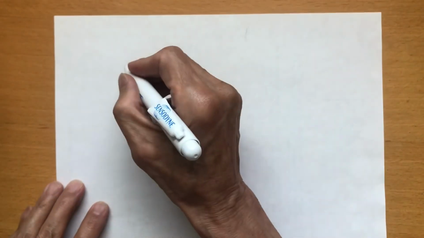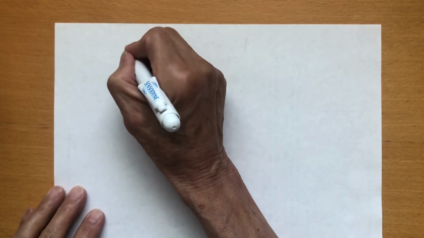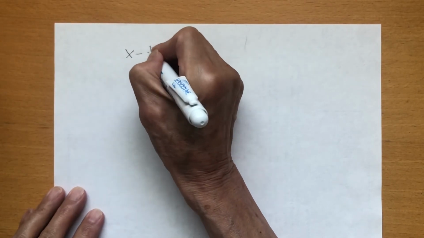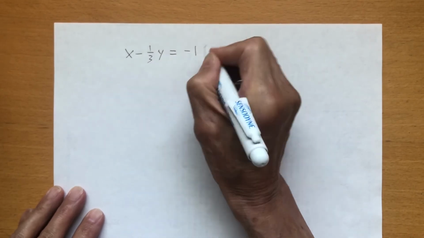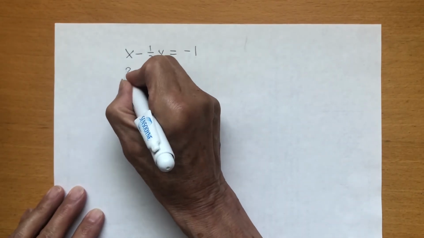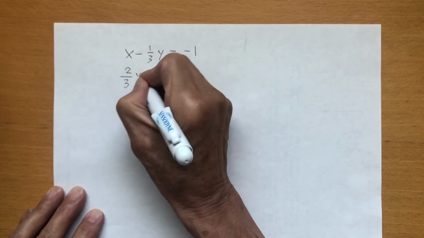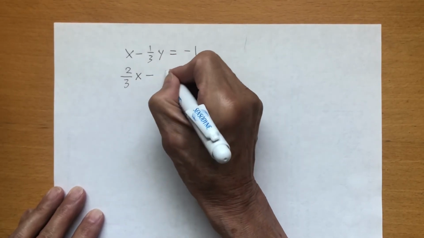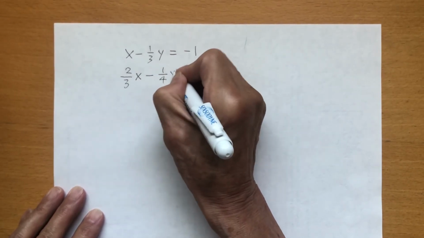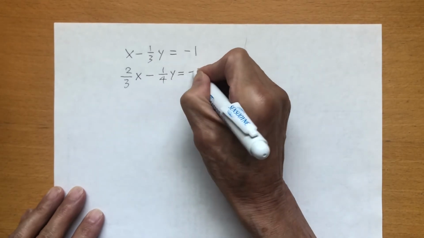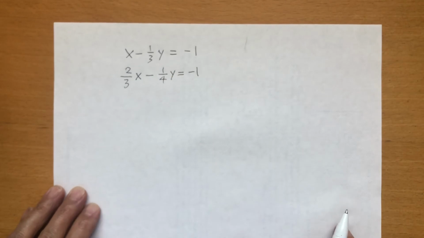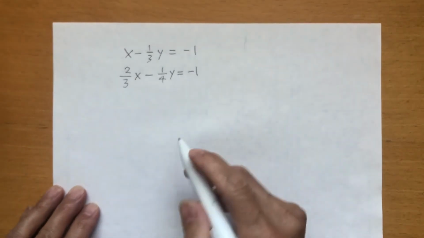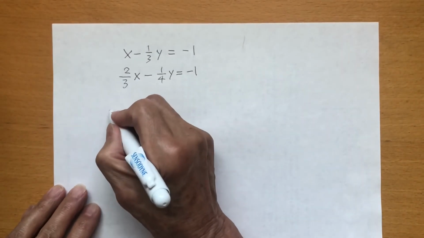All right, so this example is x minus 1/3 y equals negative 1 and 2/3 x minus 1/4 y is equal to negative 1. So this is still from part 3, okay? Now I find x using the formula.